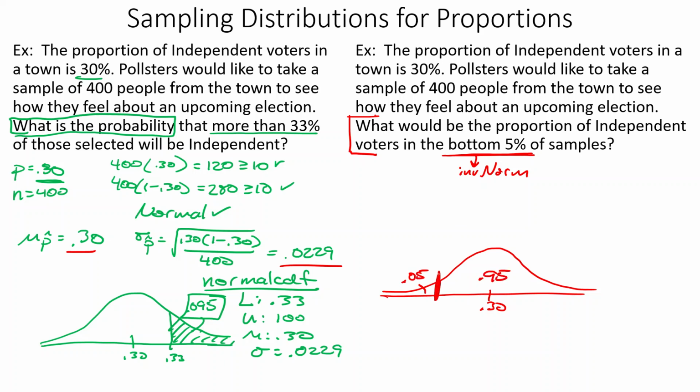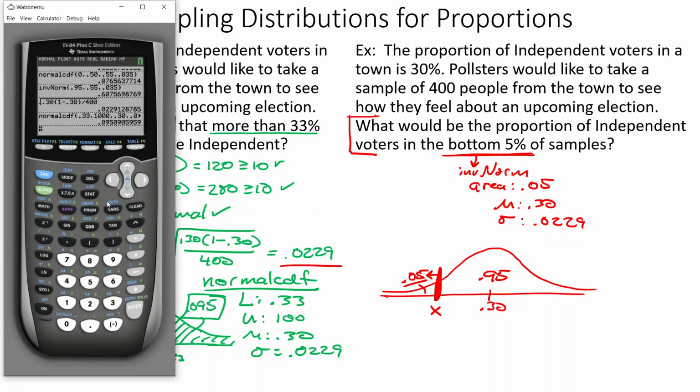We're not going to use that though, because when we're trying to find this x value, we look to the left, and that's the 0.05. So the area is the 0.05 because it's below, it's the bottom. The mean is still the 0.30. The standard deviation is still the 0.0229.